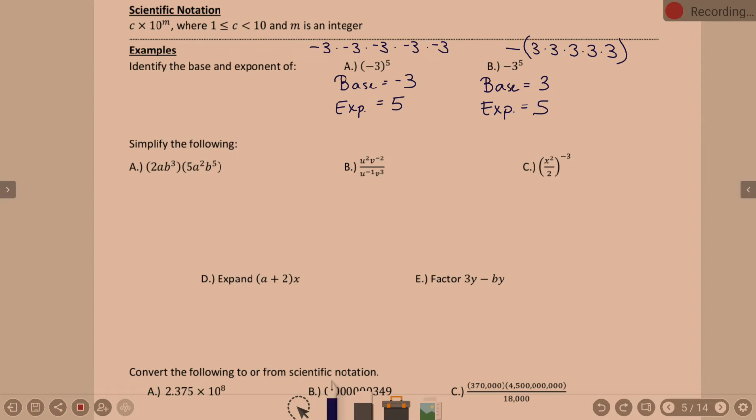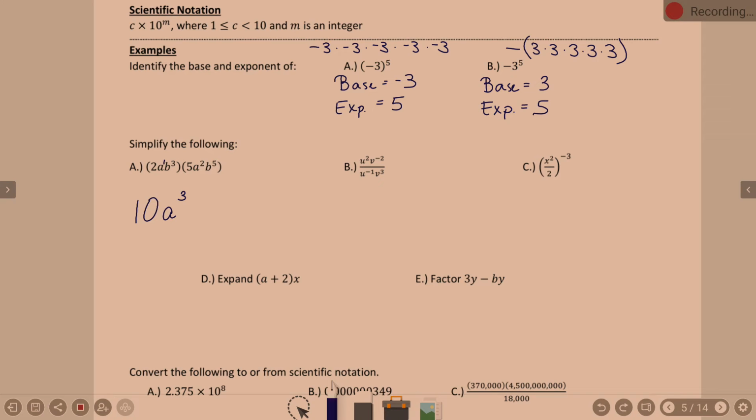Yeah. What is 2 times 5? 10. And why are we just doing 2 times 5? 2 and 5 are just regular plain old everyday whole numbers, right? The a, you have an a to the invisible 1 and an a to the 2nd. If the bases are the same and we're multiplying, we're going to keep the base and add the exponents.